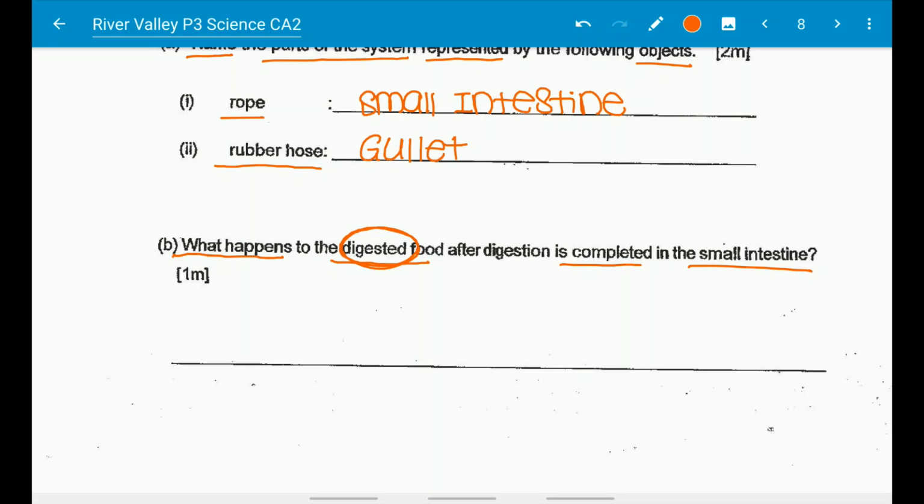The food that was not able to be digested enters the big intestine, the water is removed, and then it enters the rectum to be removed when we go to the toilet.